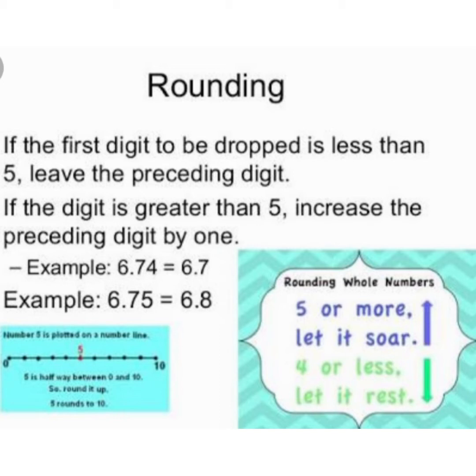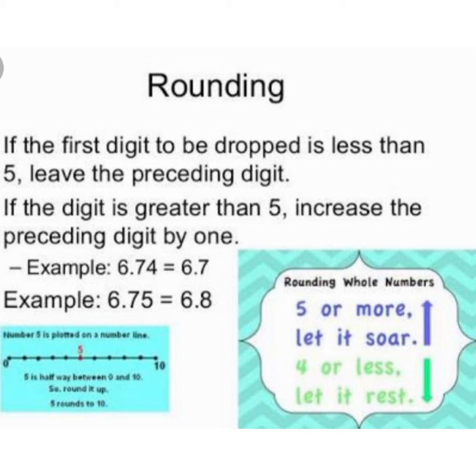If the first digit to be dropped is less than 5, leave the preceding digit. If the digit is greater than 5, increase the preceding digit by 1. For example, here 6.74.